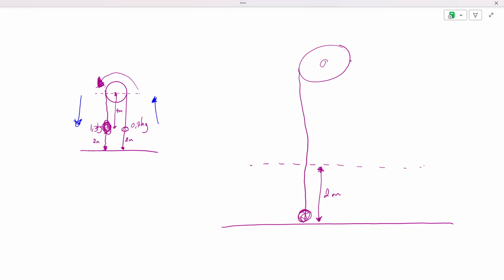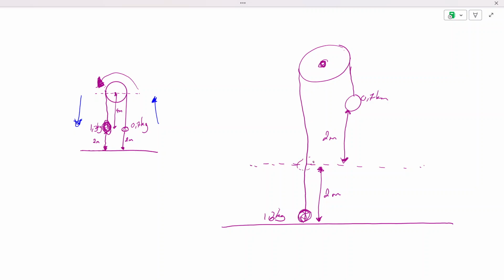And then we know that the 0.7 kg mass will be somewhere. This is the 0.7 kg mass, and this is the 1.3 kg mass. It would have also moved 2 meters up the plane relative to its initial position.